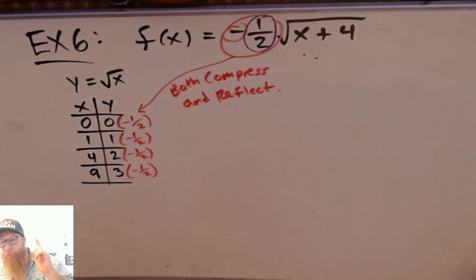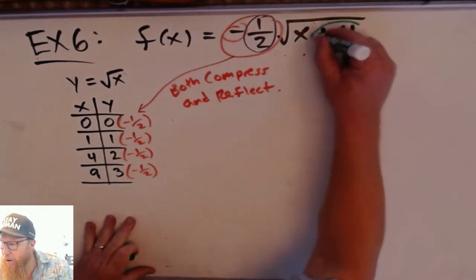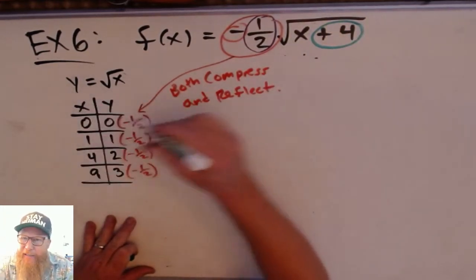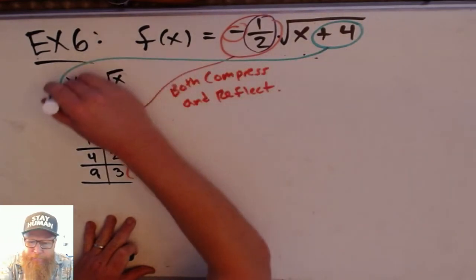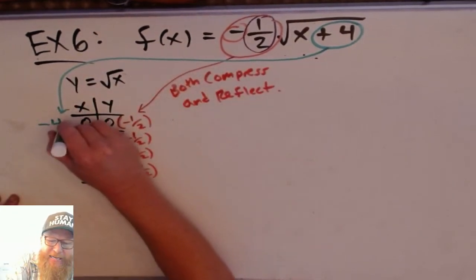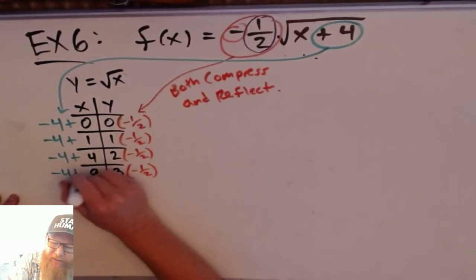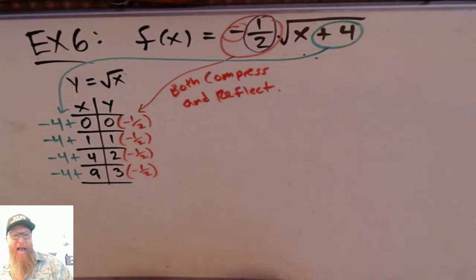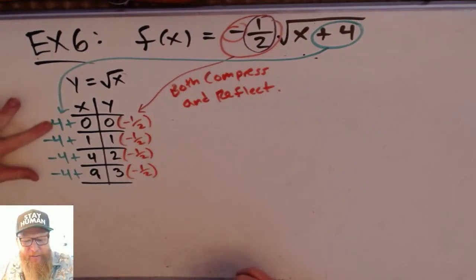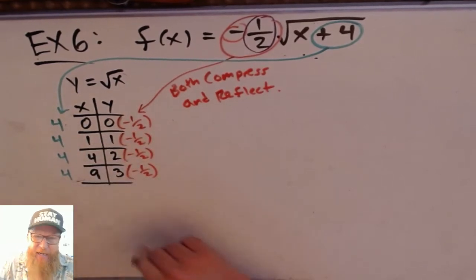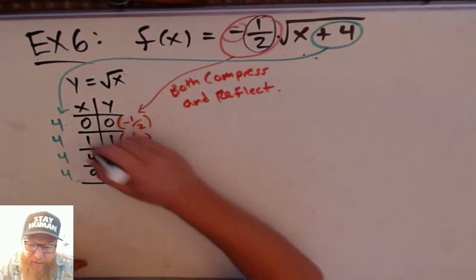Now, the tricky one is the +4. Because it's going horizontally left, you're going to add -4, or you could just subtract 4. I prefer to add -4. Make sure you don't do this. I'm telling you what not to do. And I'm watching. Somebody out there is going to do this.